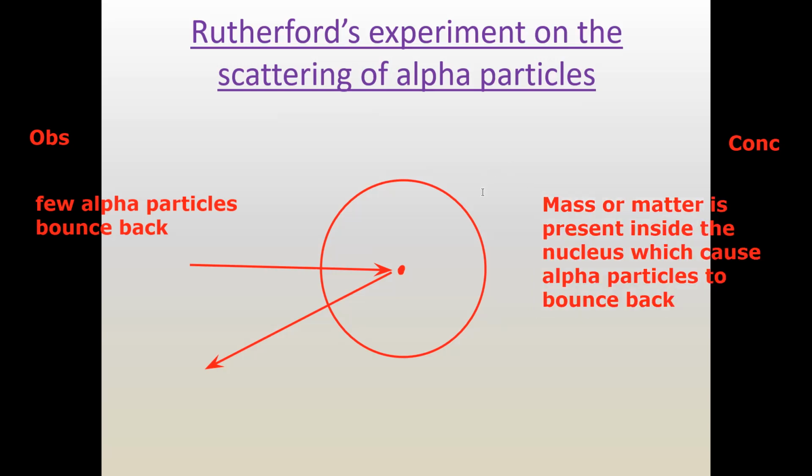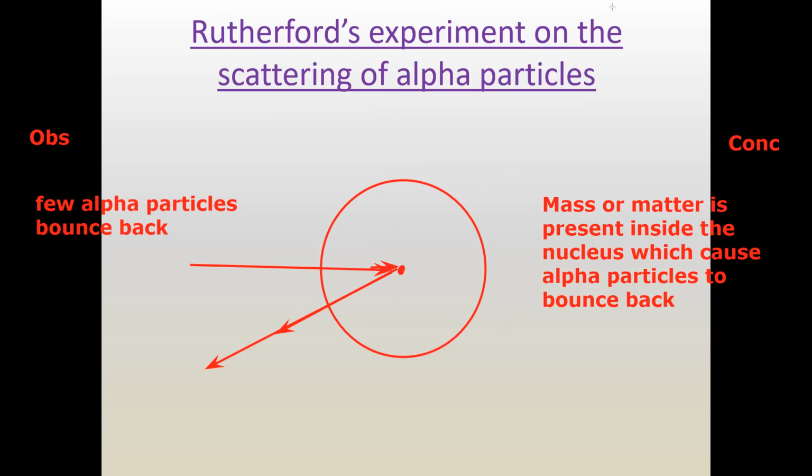So there is a mass or matter present inside the nucleus, and because of this matter, the alpha particles are able to bounce back. So this is the third conclusion which he drew, that when these alpha particles collide with the nucleus, they change the direction and bounce back. So these are the three observations, and related to each observation, the conclusion from the Rutherford experiment.